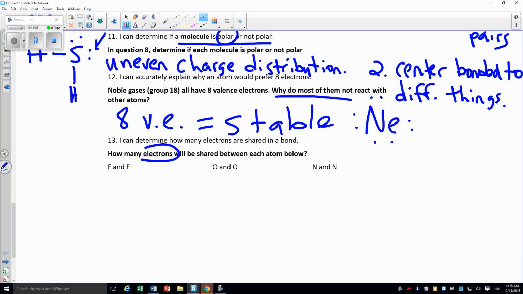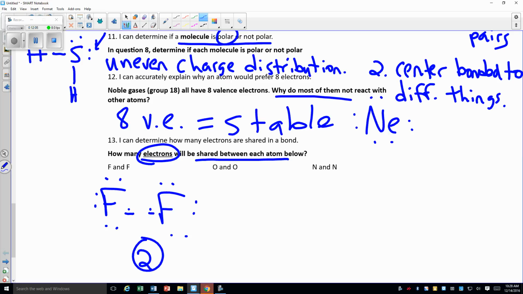How many electrons will be shared between each atom below? So if you drew each fluorine, you would notice it has one free dot on each one. So this one has 2 to share. Oxygen has 2 free dots.